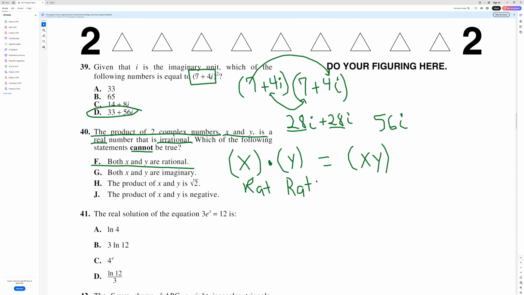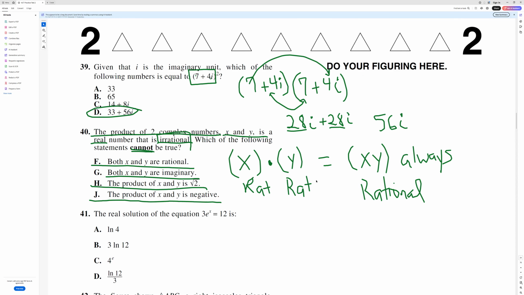And the one that they get is irrational. So it cannot be F. Both x and y are imaginary. Maybe the product of x and y is radical 2. Definitely that's possible. The product of x and y is negative. Yeah, all you need is one of them to be negative for your product to be negative. Okay, so the one that cannot be is F.